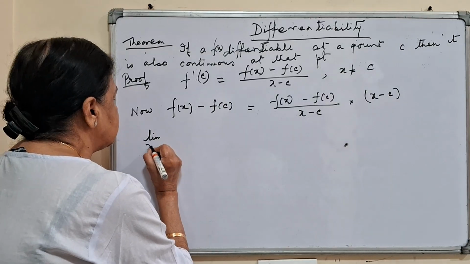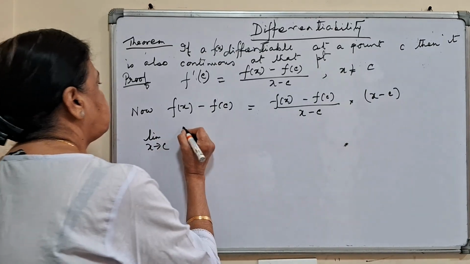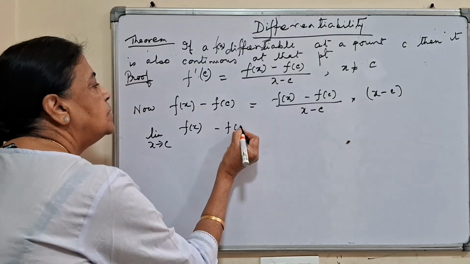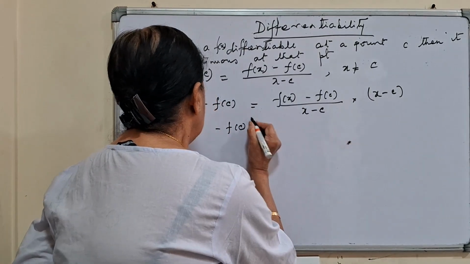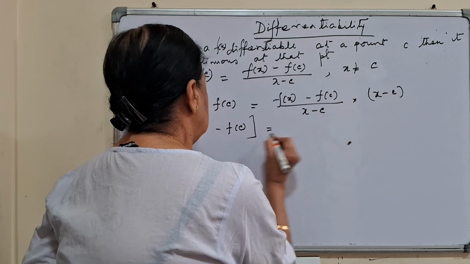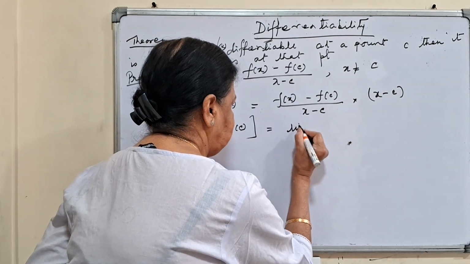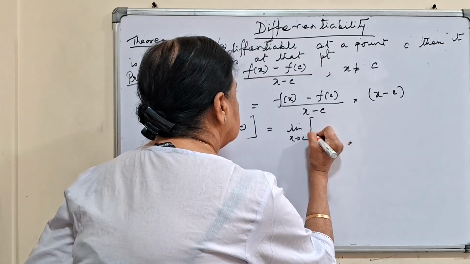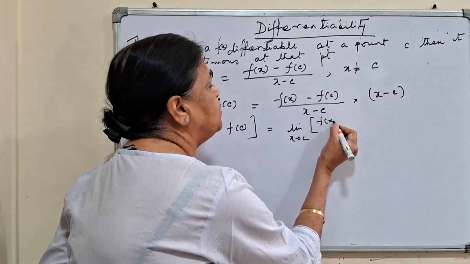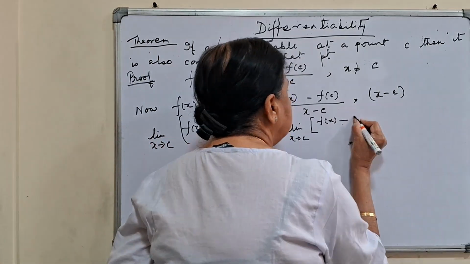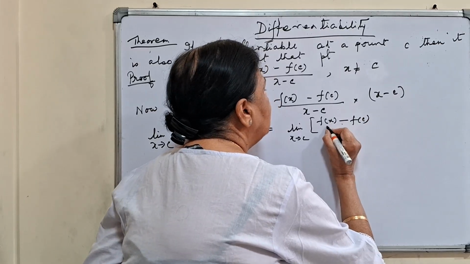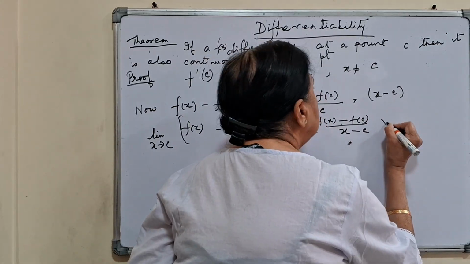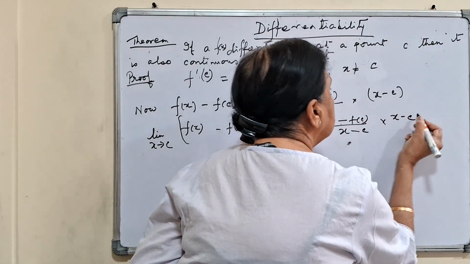Limit x tends to c, f(x) minus f(c) is equal to limit x tends to c, f(x) minus f(c) divided by x minus c into x minus c, the whole thing.